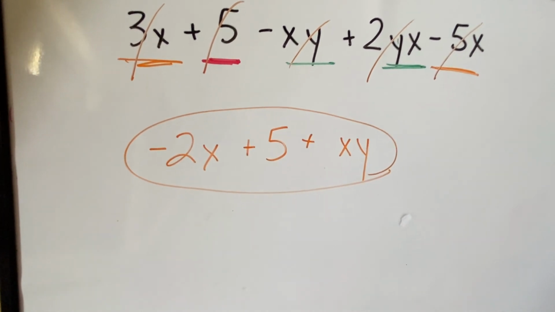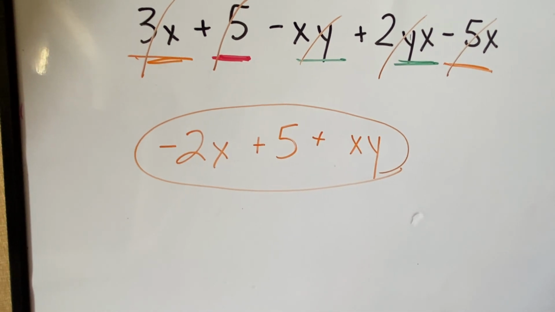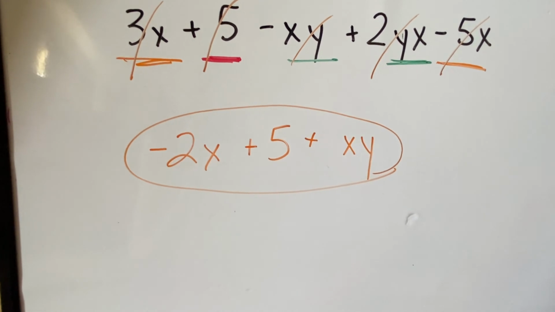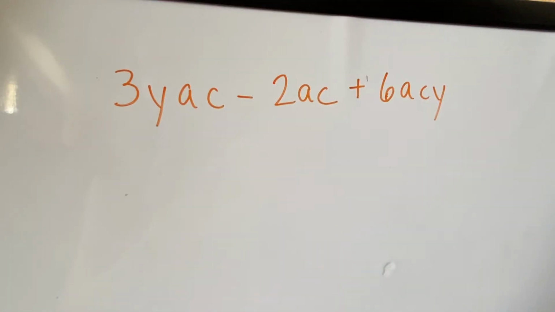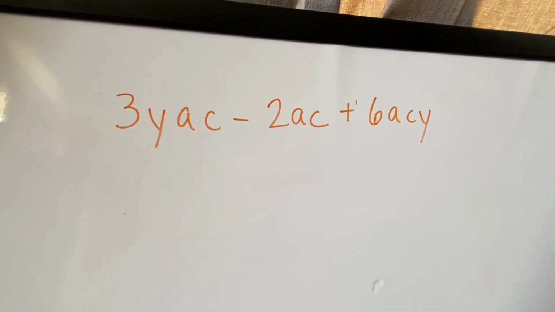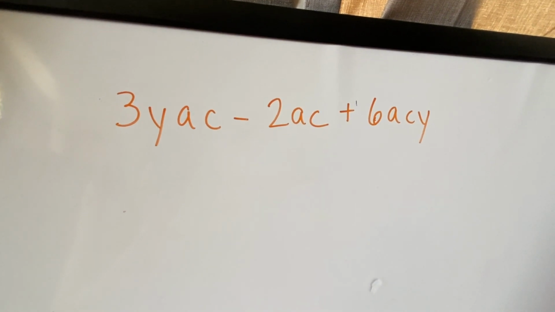But you don't have to put a 1 in front of your stuff because it's automatically assumed that if there's not a number there, that's how many you have. You have 1 xy right here. There's your answer.